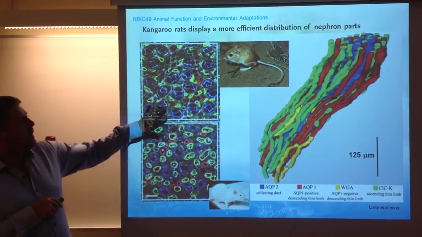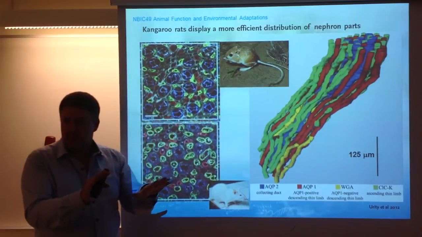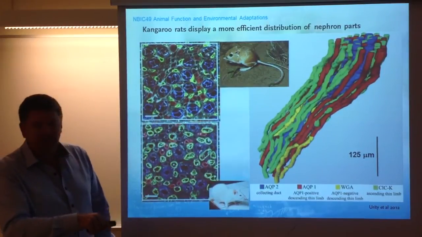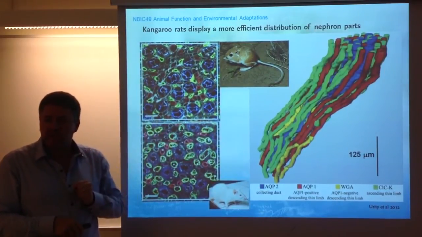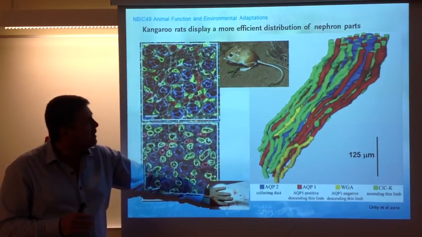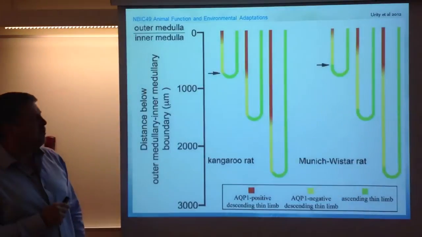What these authors have been able to do is basically, by mapping the presence of these transporters in 3 dimensions, they give us a map of how the laboratory rat differs from the kangaroo rat, or the other way around. And their picture is the following.